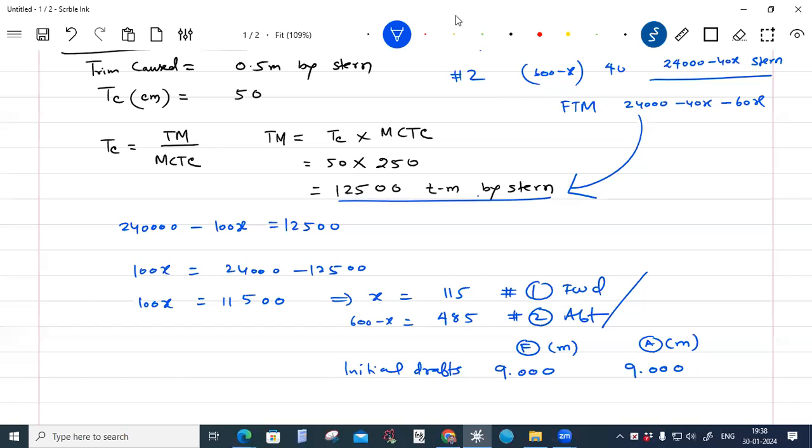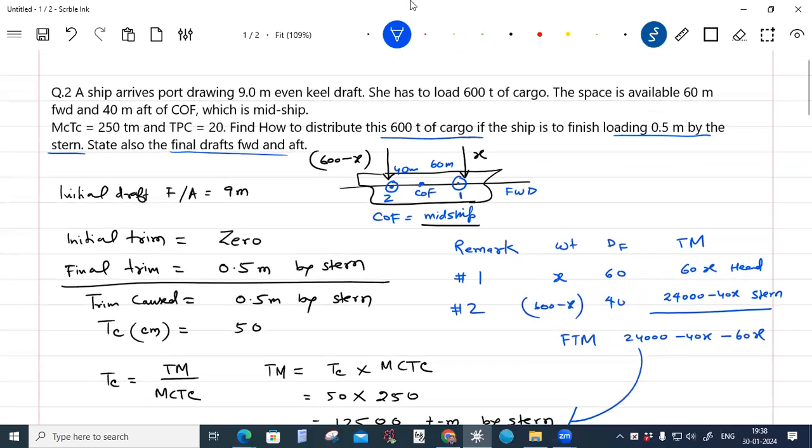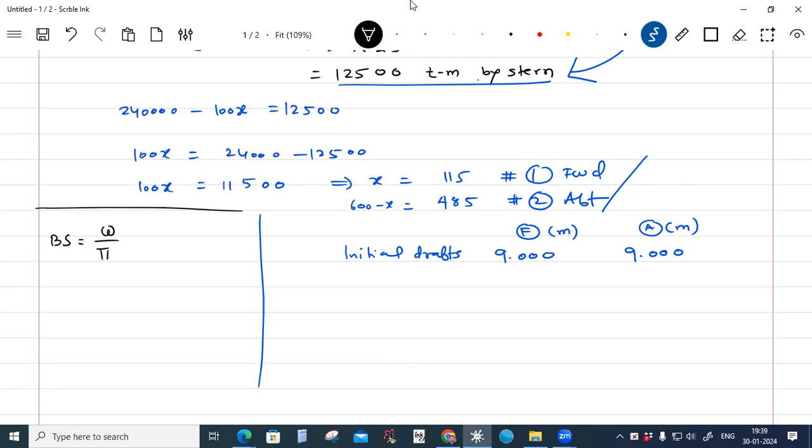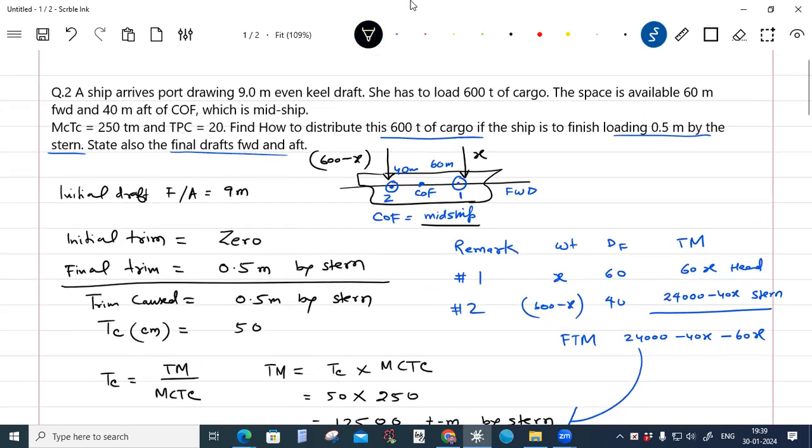Let me write it specifically. The first thing is the body sinkage. TPC is given, so whatever we need, we will calculate here. Body sinkage is W upon TPC, that is 600 divided by 20.